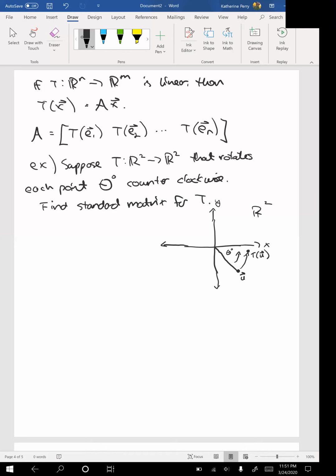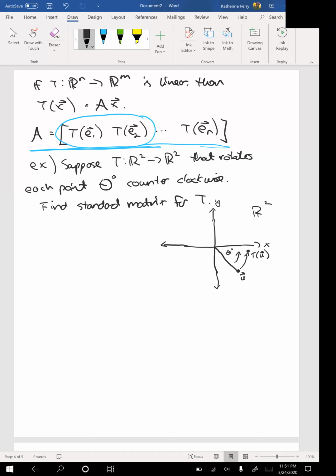Okay, so if I want to find the standard matrix, it tells me that I am going to use this definition. And since I only have R2 to R2, I'm actually just using this part. All that means is that I need to find out what happens when I transform E1 and when I transform E2.